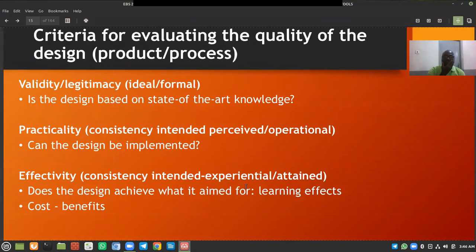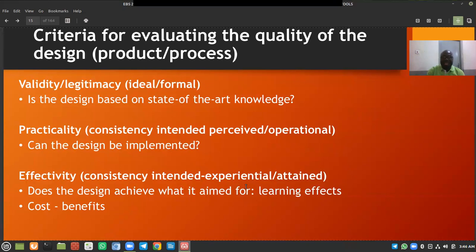Indeed, when we have a design, there should be criteria for evaluating its quality. So the criteria for evaluating the quality of the design or the product or the processes of teaching or solving a particular problem includes legitimacy or validity.